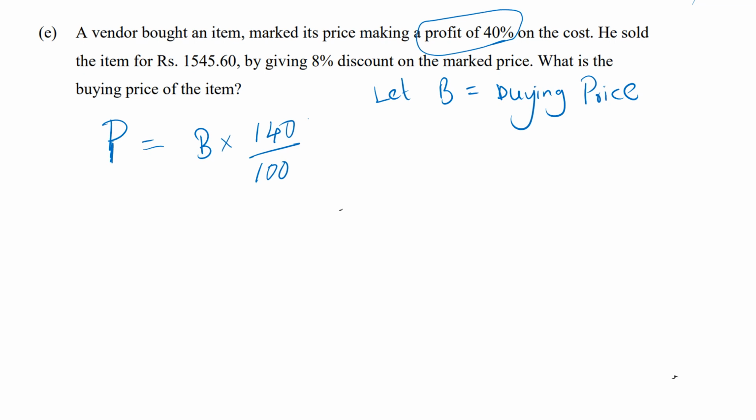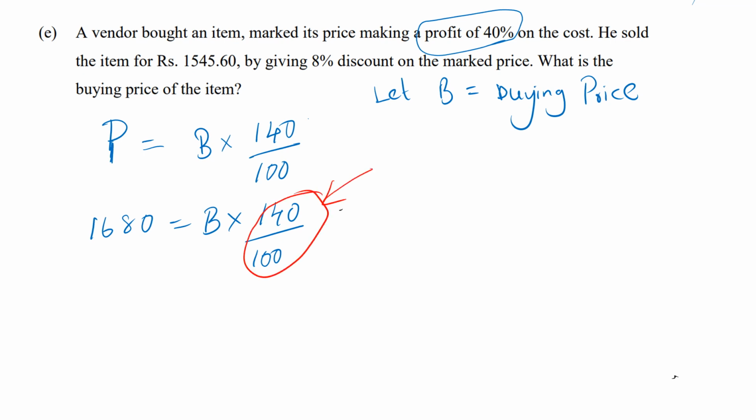We know the marked price is 1680 rupees, and this is equal to B into 140 divided by 100. We have to think of it like this: this whole part means 140%.